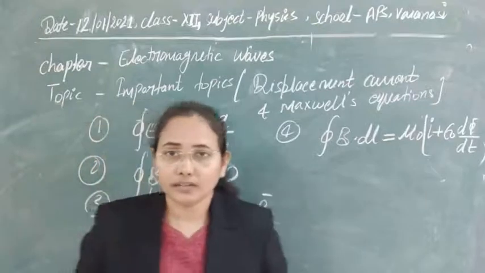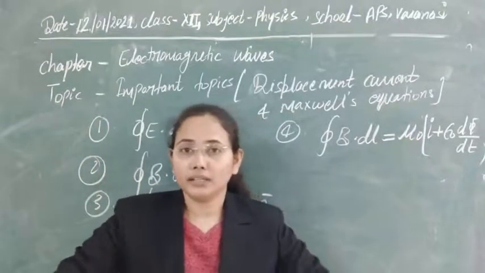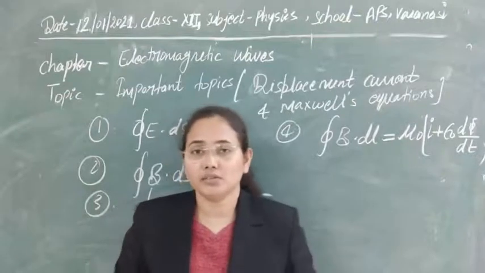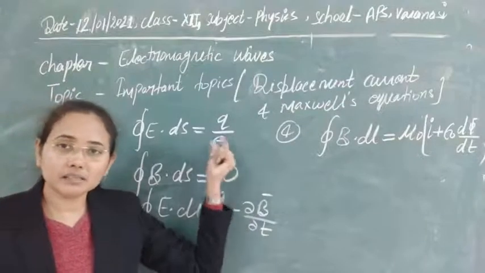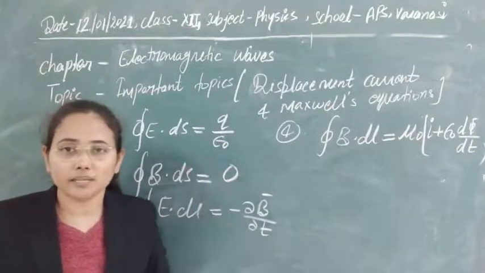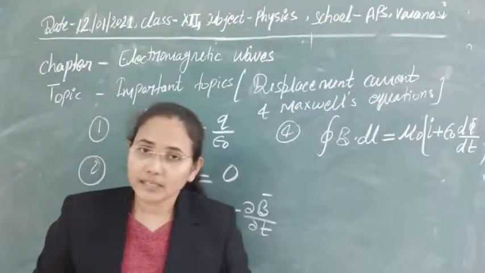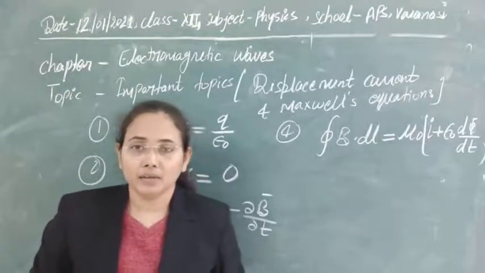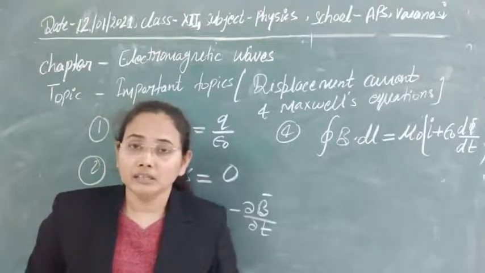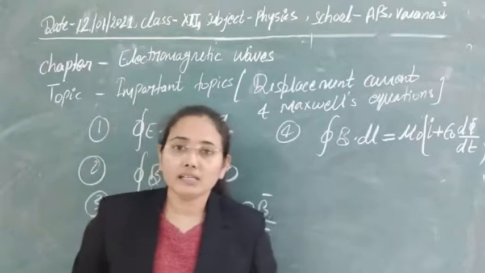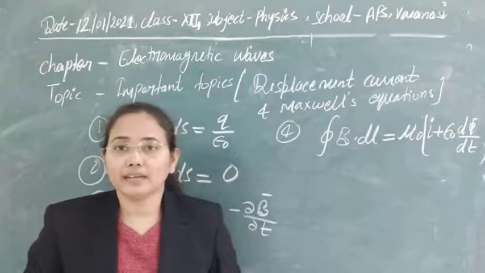According to Gauss law of electrostatics, the flux enclosed within any closed surface is 1 by epsilon naught times the enclosed charge. And whenever there is a change in medium, this is the permittivity of vacuum or free space. When light enters any medium, its properties change. You know that only frequency does not change, but velocity, wavelength and permittivity do change, because permittivity is the capacity to produce the electric field there.